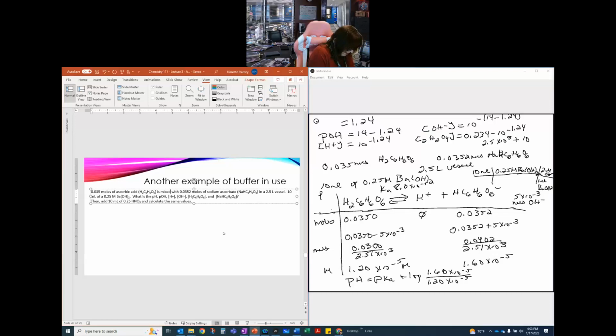So pKa is going to be equal to the negative log of 8.0 times 10 to the negative fifth, which gives me, no, 4.10, because it's going to round up. So 4.10 plus, and then we have the 1.6 times 10 to the minus fifth.